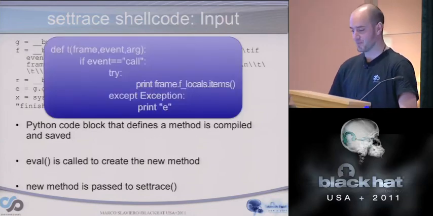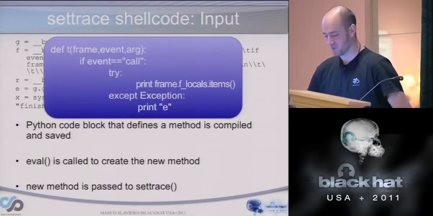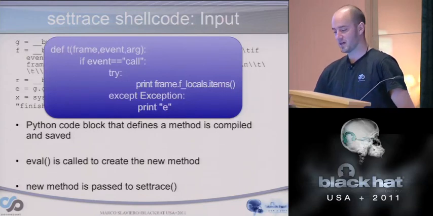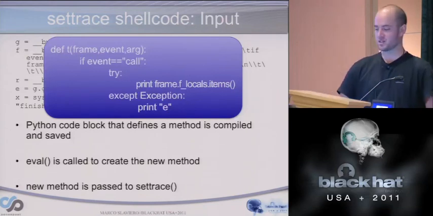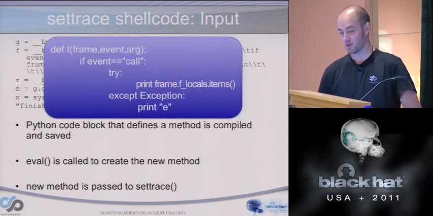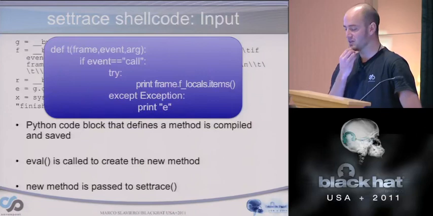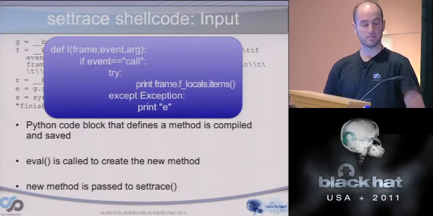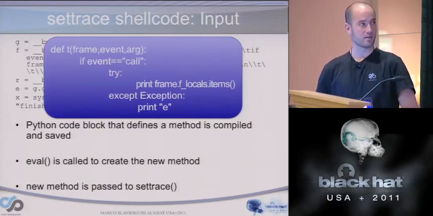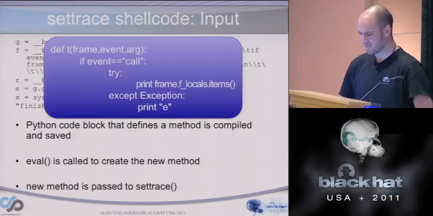This is one trivial example of what is possible. We can inject a function that gets called every time there is a call event, in other words, every time a method is entered. All our code does here is print out the local variables for that function.